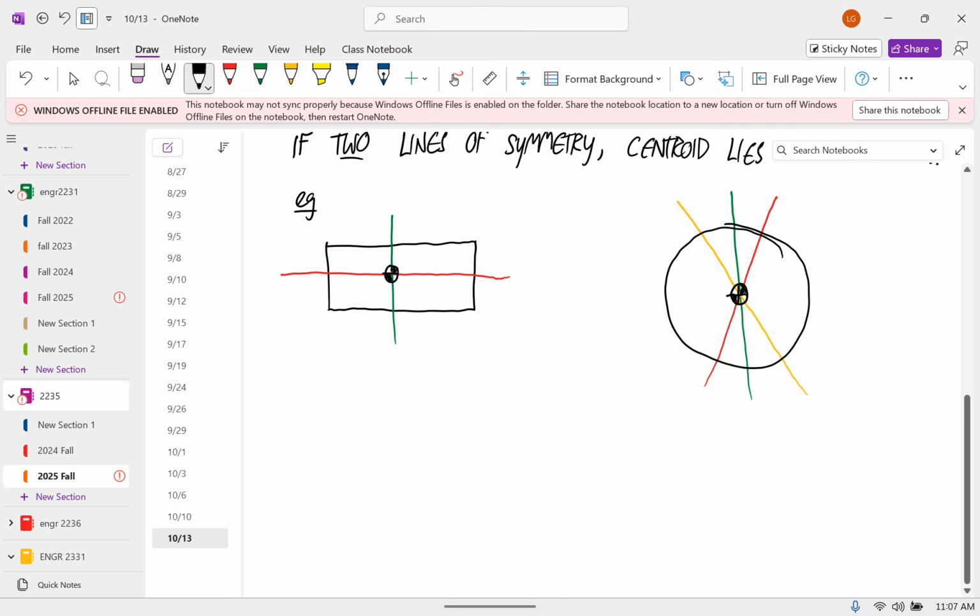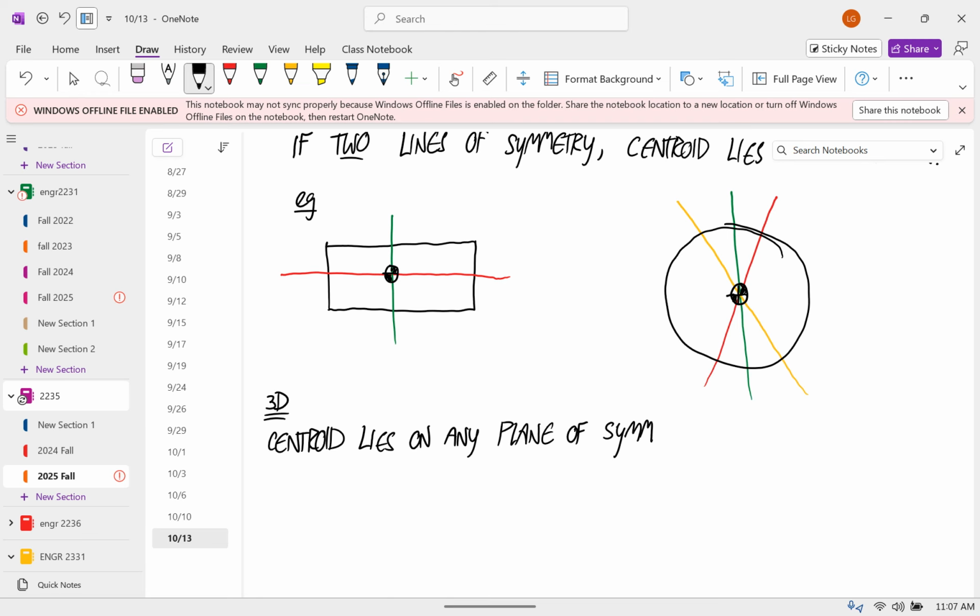It works with planes of symmetry in 3D too. In 3D, the centroid lies on any plane of symmetry. And if you can find three planes of symmetry, then the centroid is at the point where those three intersect.